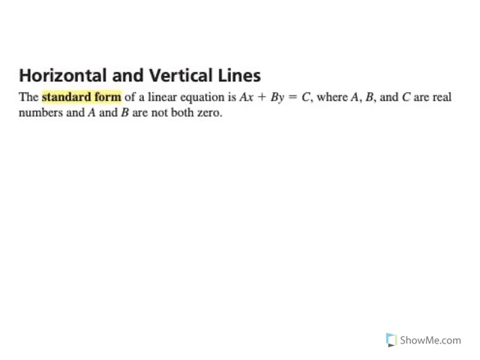So first we need to talk about standard form. In fact, ignore this because we're not talking about those quite yet. Ignore that part. The standard form of a linear equation looks like this, where A, B, and C are numbers. A and B won't both be 0.